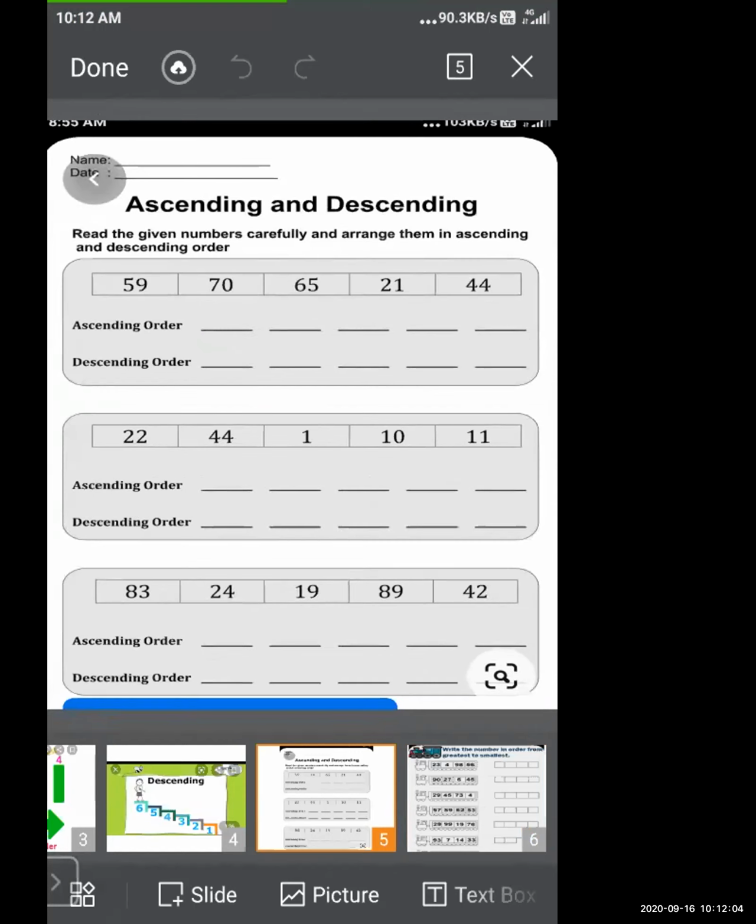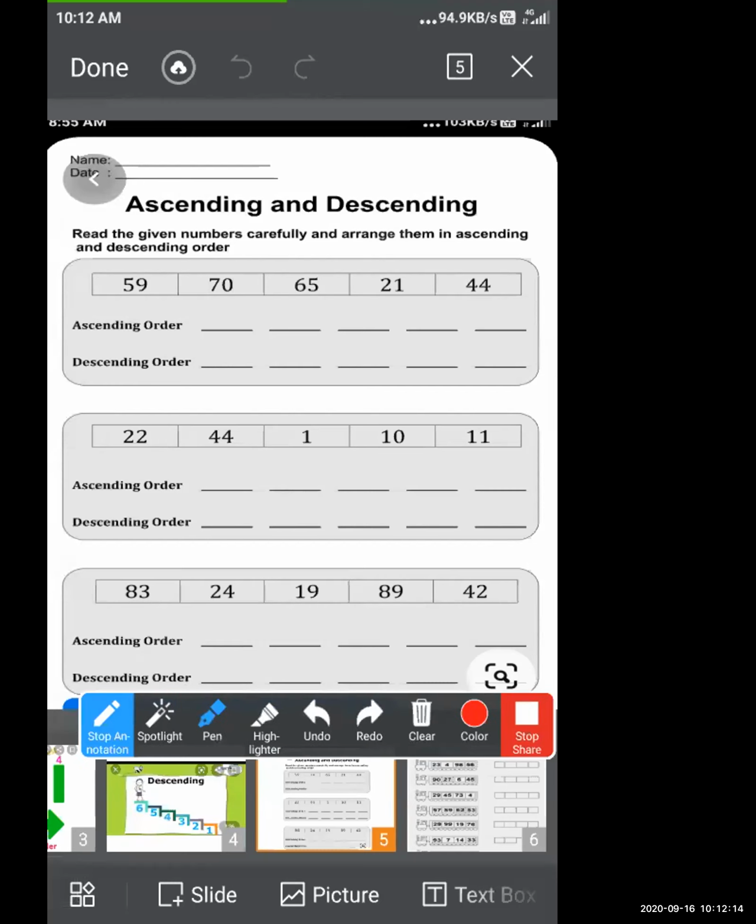First, I will explain, then the remaining two you will tell me. The numbers are given: 59, 17, 65, 21 and 44. Okay, these are the numbers.